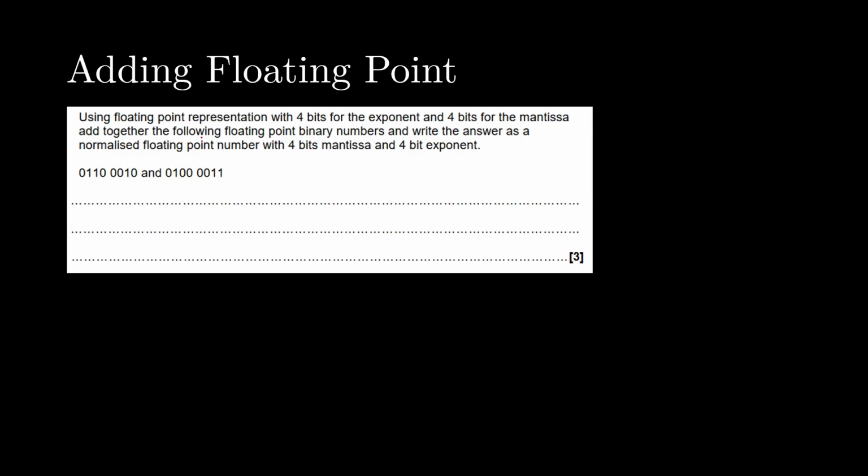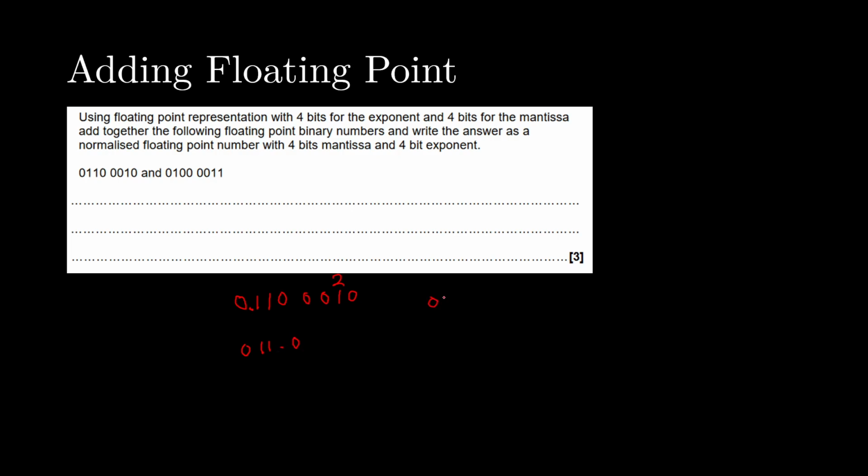Now on to adding floating point binary numbers. My method for doing these types of questions is just converting them to fixed point and then performing your regular binary addition and subtraction methods from there. So if I convert our first number to fixed point, our exponent here is 2, so we need to shift our point 2 units to the right. So it's going to be 0.11.